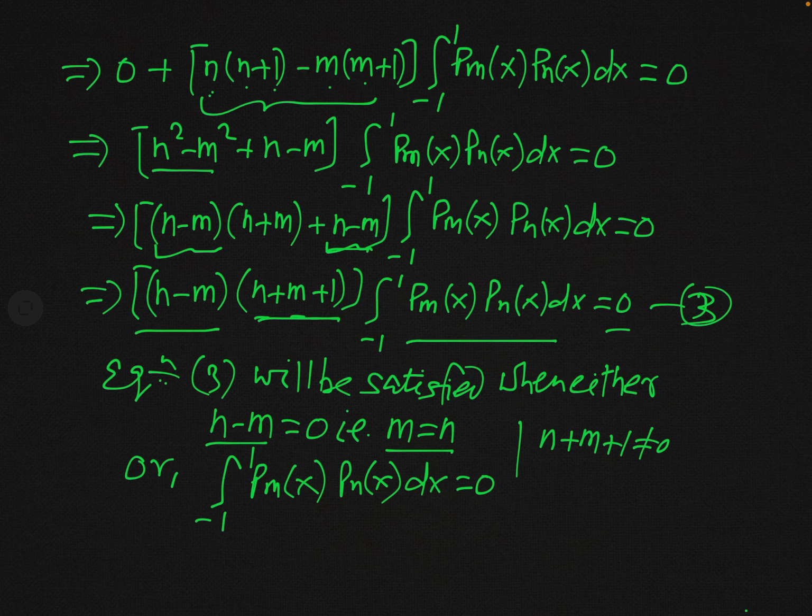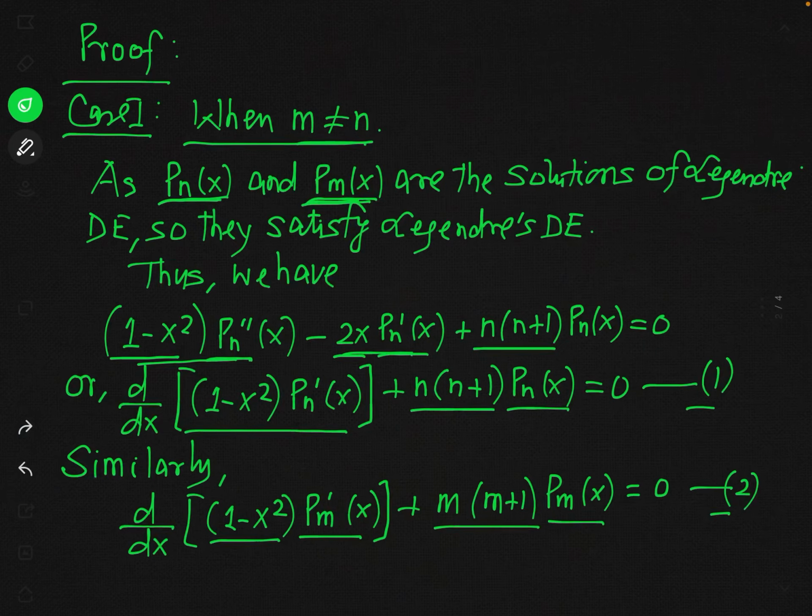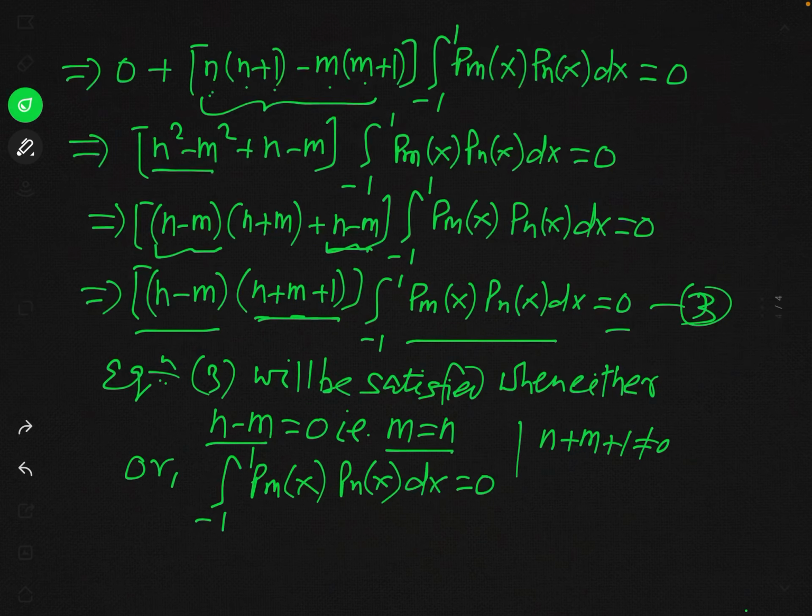Only then this equation will be satisfied. But if you see what conditions we are actually considering here, we are going to discuss the situation when m is not equal to n. So in this condition, if you consider that m is not equal to n, then this equation 3 will be satisfied only when this second condition holds.